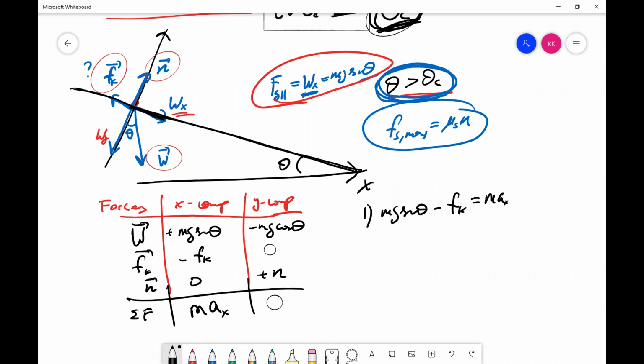That means there is an acceleration, because if you go above the critical angle, basically Wx becomes greater than friction.